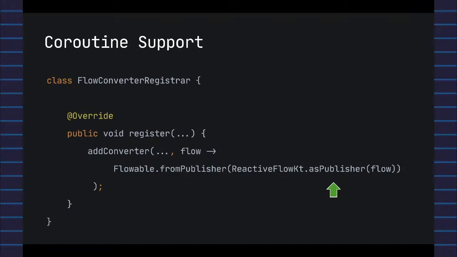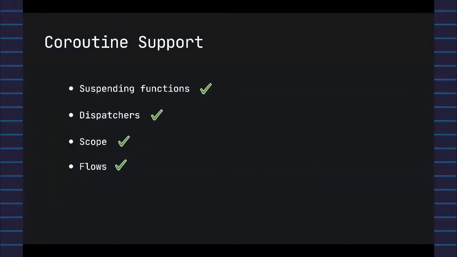It has to call the extension in a static manner because this is Java. So this right here is the bridge that basically understands how to hook up flows to publishers. So this is how coroutines are supported in Micronaut. If you don't want to use coroutines, you could also just use RxJava if you want.